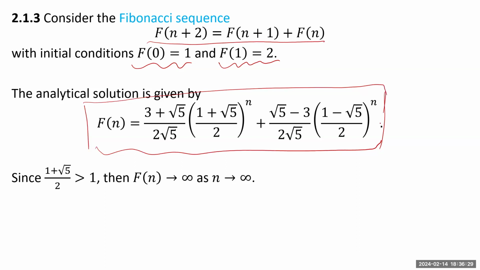So we know that the value 1 plus root 5 over 2, which we call the golden ratio, is greater than 1, so the long-term behavior approaches infinity as n tends to infinity. But you know that in the real world, a lot of factors are involved in maintaining a finite value. That is a different scenario.